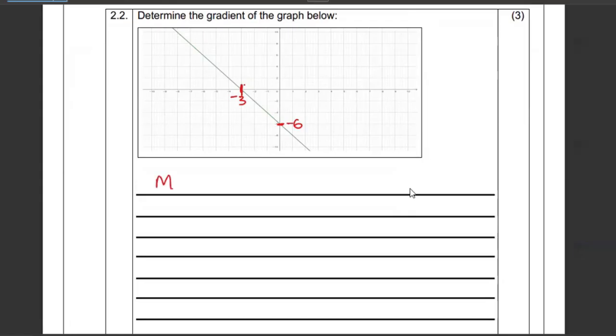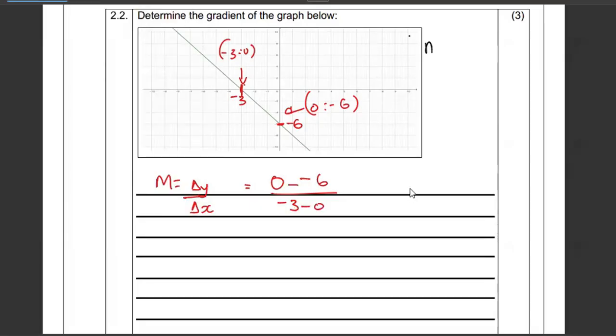So we know that the gradient is the change in y over change in x. So these coordinates will be -3 and 0. The coordinates here will be 0 and -6. Do the magic and say 0 minus -6 over -3 minus 0. How do we do that, or why do we do that?